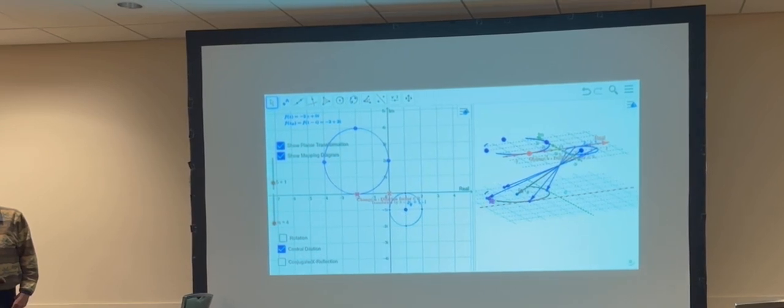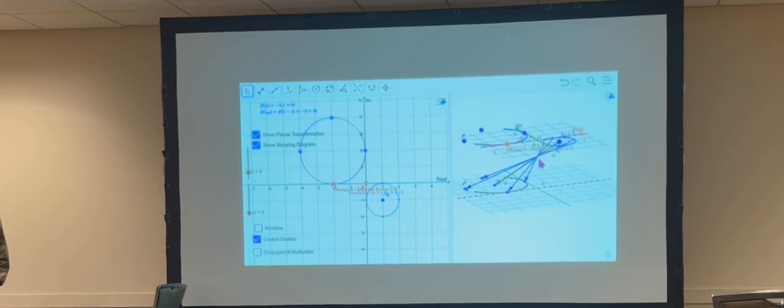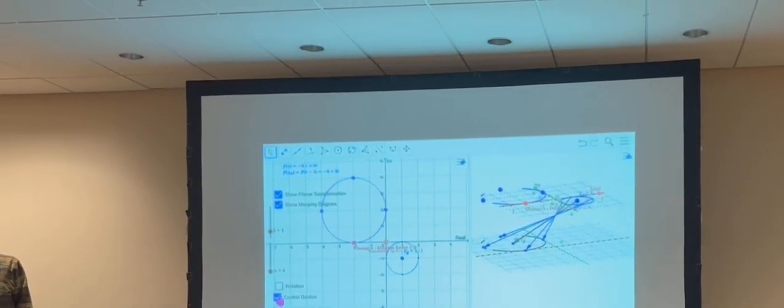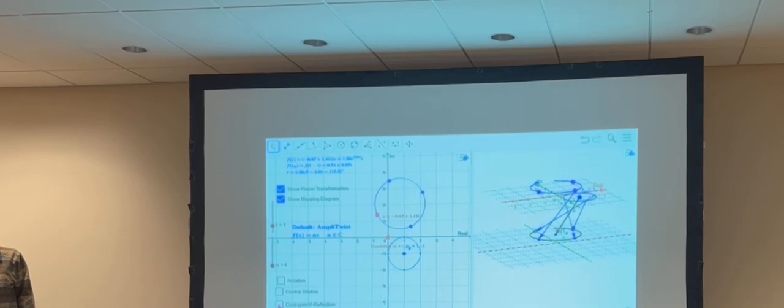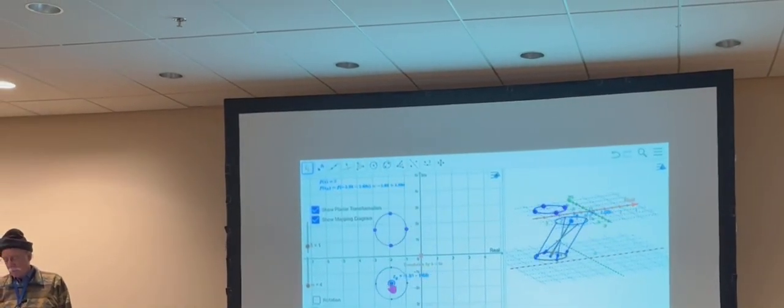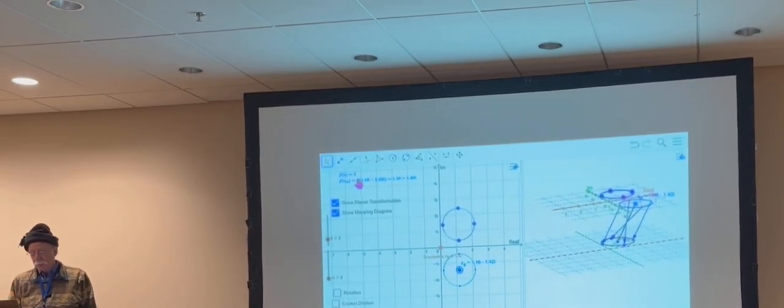You can see it over here in the mapping diagram. There's that center of dilation that you see in the geometry, and here's a conjugate x reflection. So that's reflection along the x-axis. That's conjugation. You can see that here.